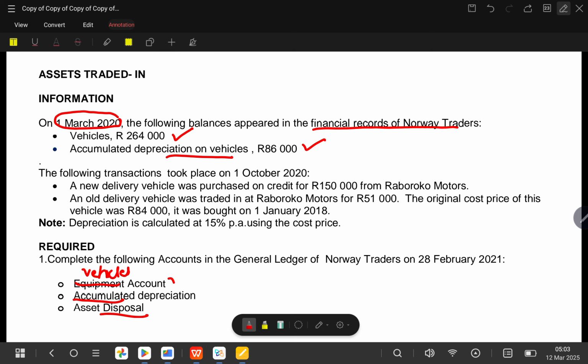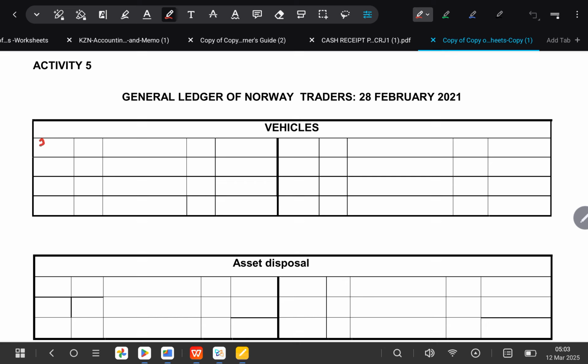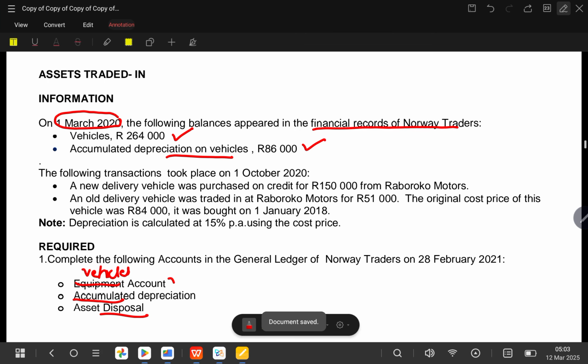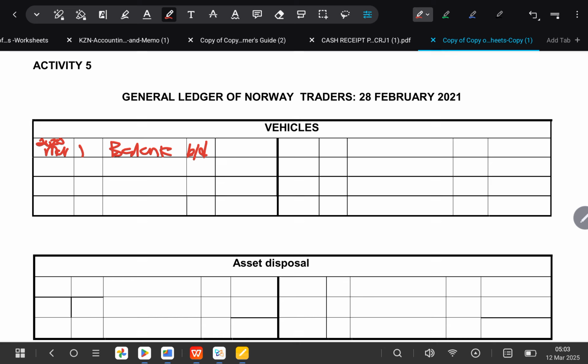So our opening balance, we are going to say 2020 March the first, and then we'll have our balance brought down according to our information. Our balance brought down is 264,000, and then we are done with the first part.